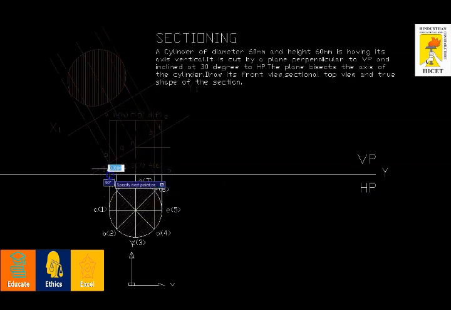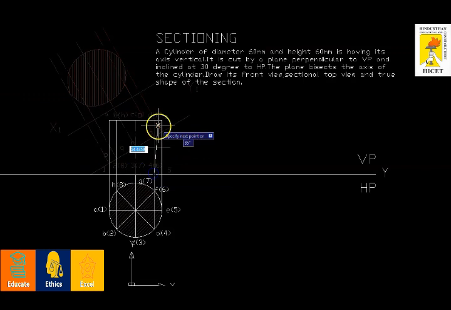You know that the height is 60. I'm going to project all the points like this. The center line alone, I'm making it an axis line. Then after doing it, I'm going to name this.